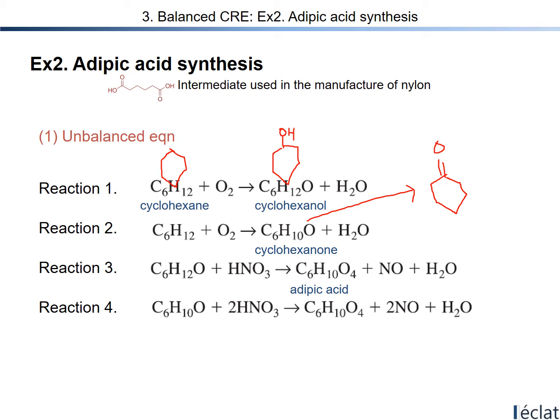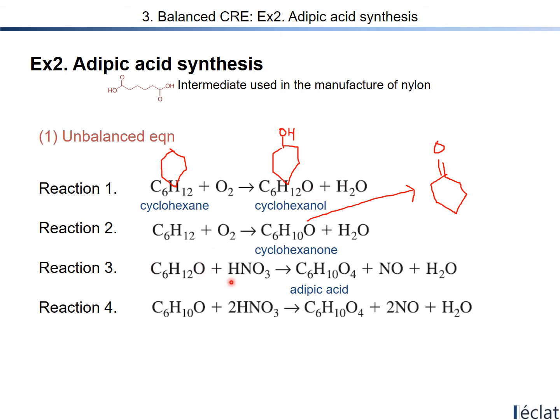So again, cyclohexane is oxidized into sometimes cyclohexanol, sometimes cyclohexanone. So right now we have two different intermediates. So let's start with the first intermediate, cyclohexanol.